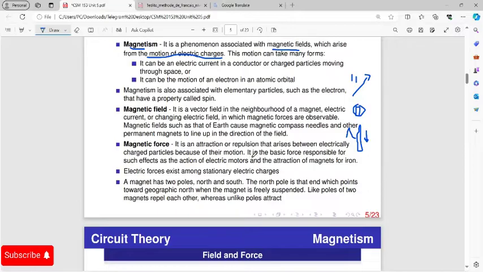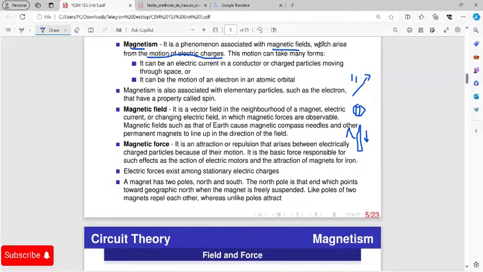And it is the basic force responsible for such effects as the motion of electric motors and the attraction of magnets for iron. So that's the force that is exerted when electric motors make movement, or when a magnet is able to attract iron.